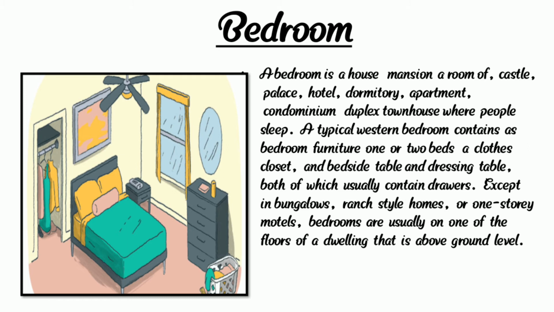A bedroom is a room where people sleep, and a typical western bedroom contains bedroom furniture: one or two beds, a clothes closet, and bedside tables, dressing tables, both of which usually contain drawers.